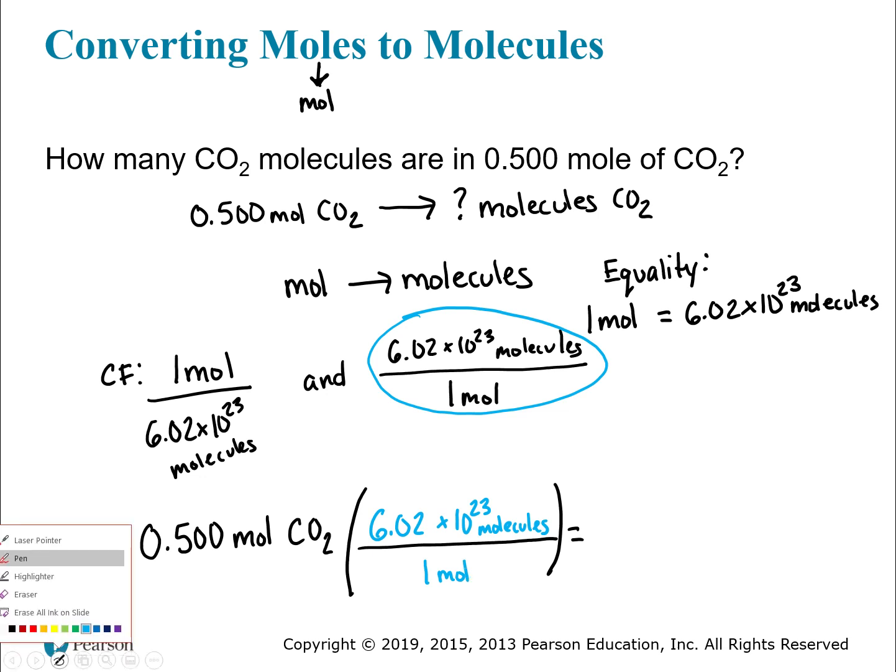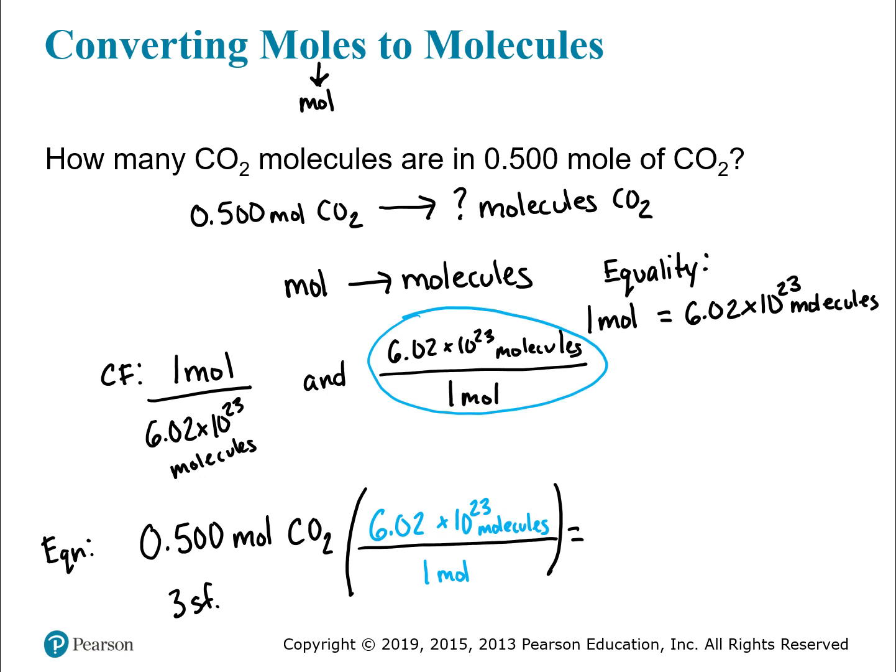You'll also need to refresh yourself on writing things in scientific notation and entering them into your calculator. Sig figs are also coming back. We've got 3 sig figs in our 0.500 moles, so our answer needs to have 3 sig figs.